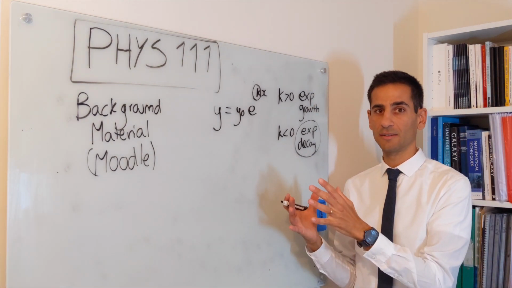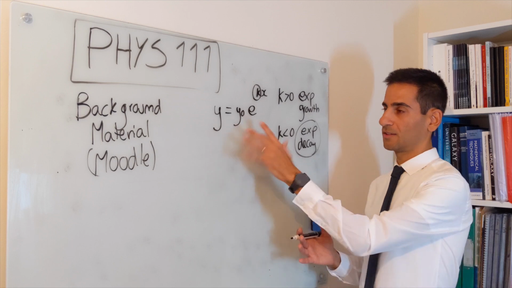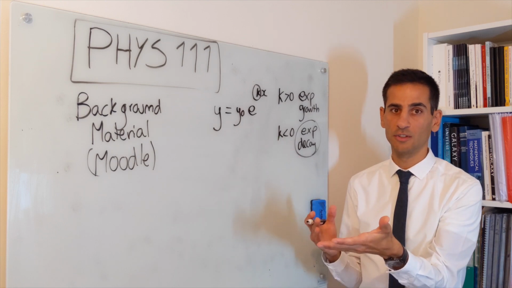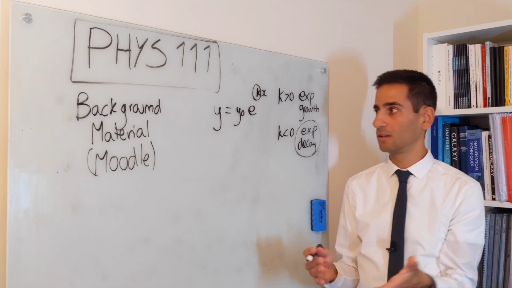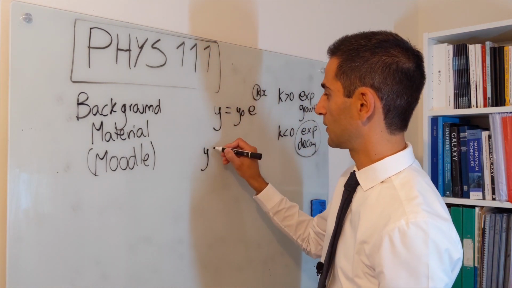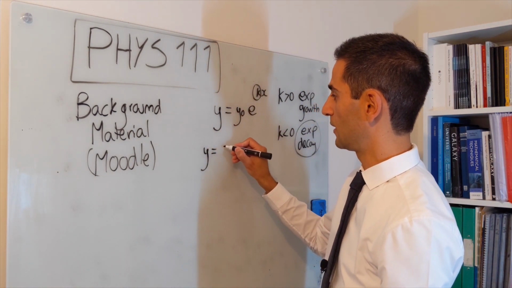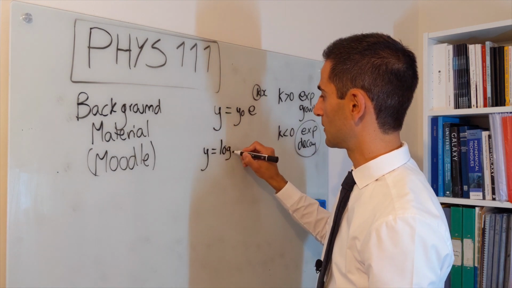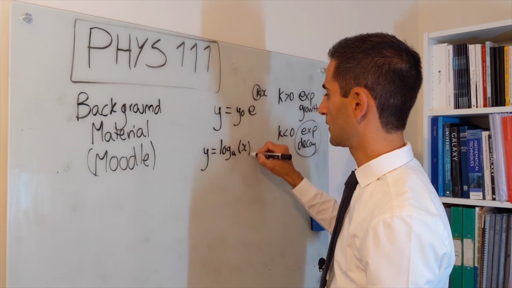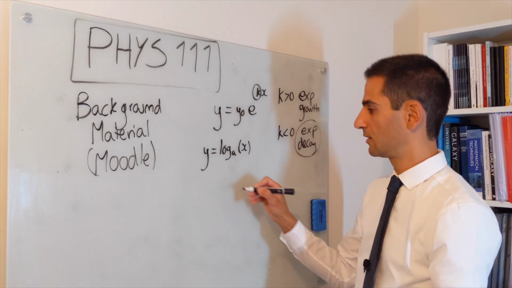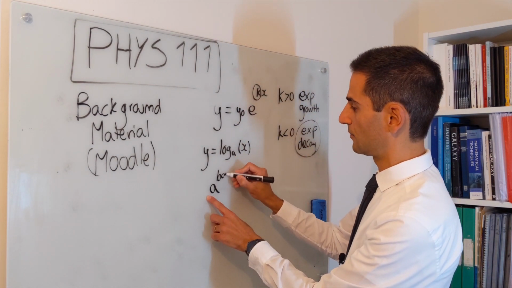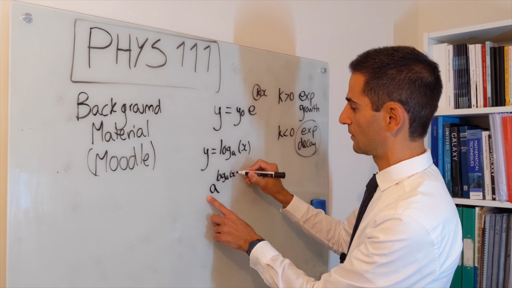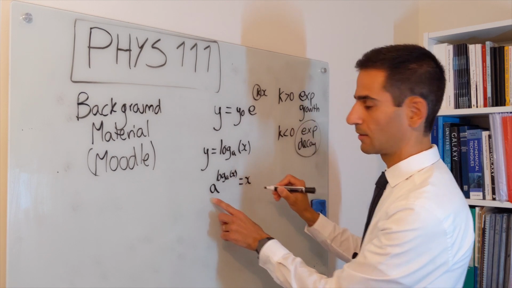Now, in many cases, what you actually want is to invert this function. You should know that the inverse of the exponential is the log. So you can have a look at functions that look like y equals log base a of x, and if you take a to the power of log base a of x, you retrieve x.